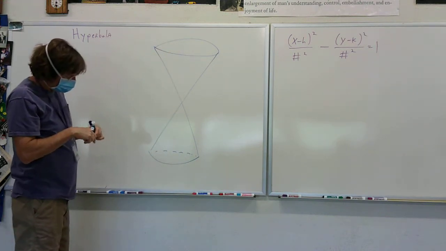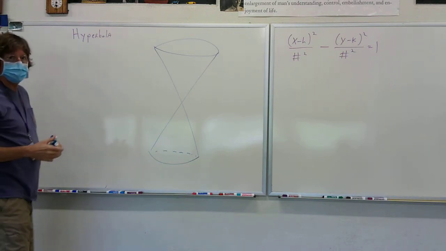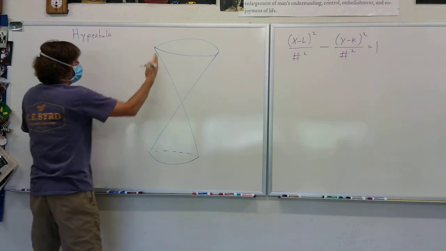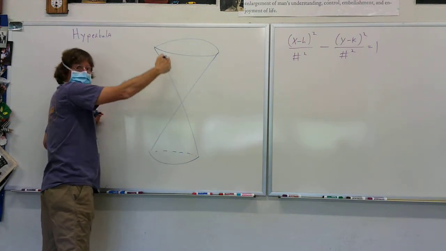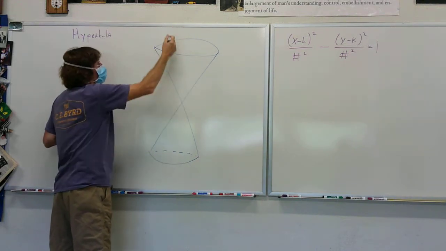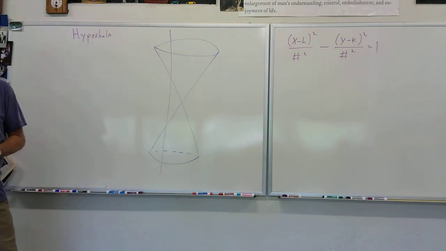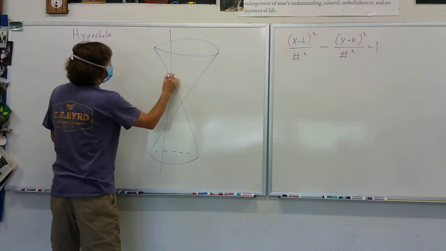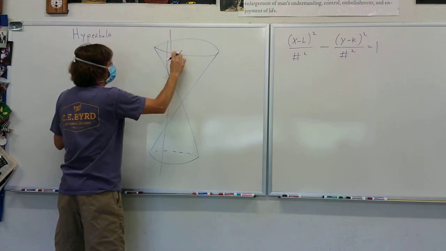What happens with a hyperbola is your plane that cuts it is parallel to this axis that runs through the center of the cones. You have this axis going through the center of the cones, and then you cut it with a plane that's parallel to that axis. That gives you these little U shapes coming out.